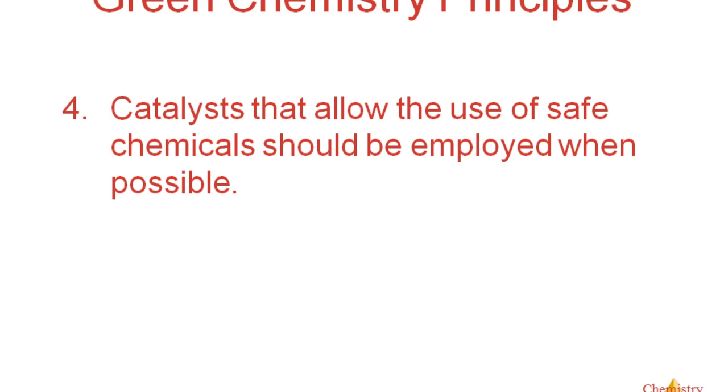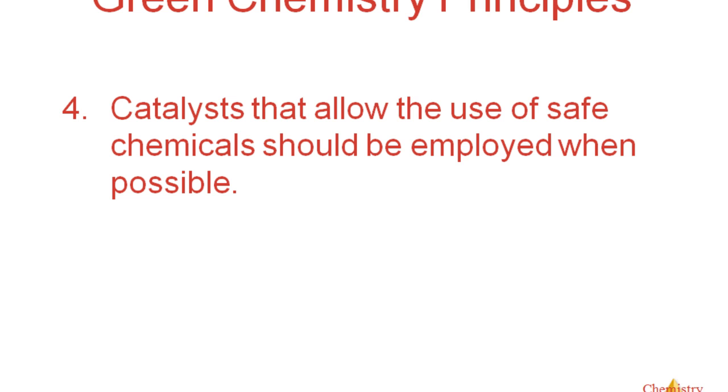If you are using a catalyst, then make sure you use a catalyst that allows the use of safe chemicals. Safety is the goal of green chemistry, right? That is why people in that area are looking into how safe we can do things.